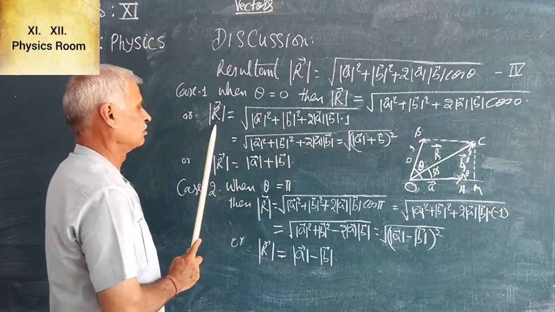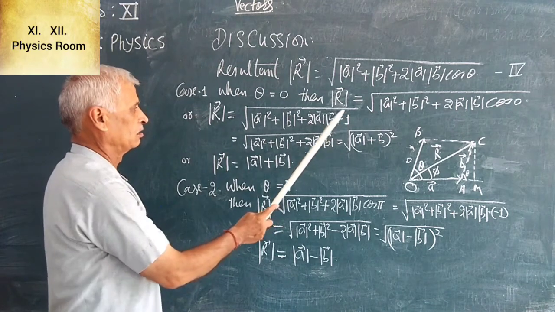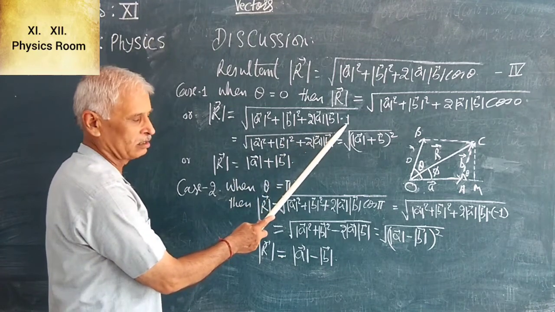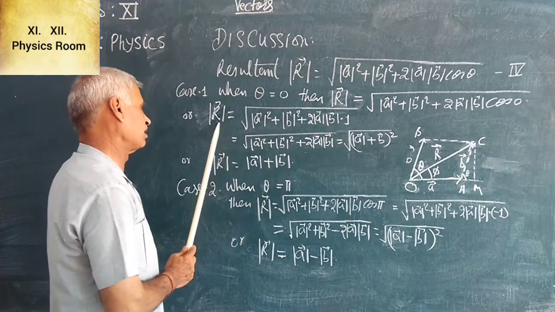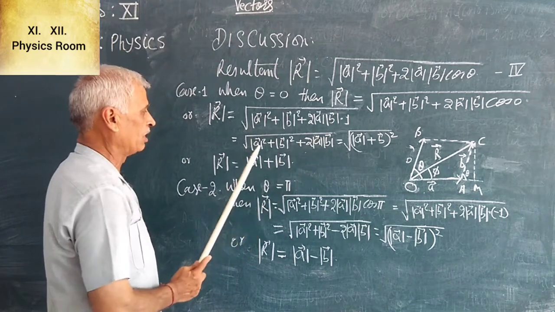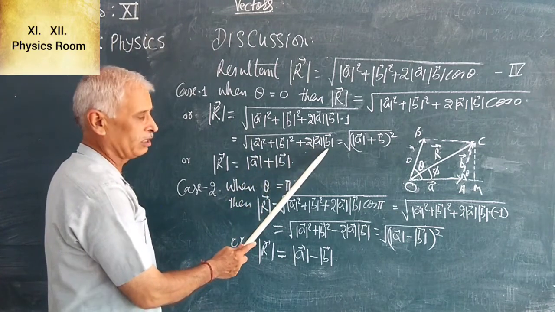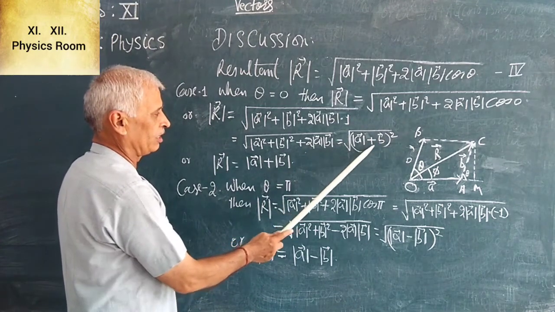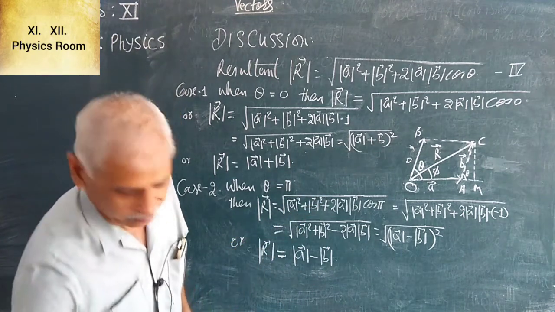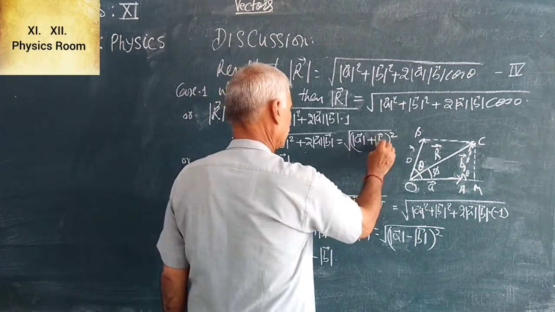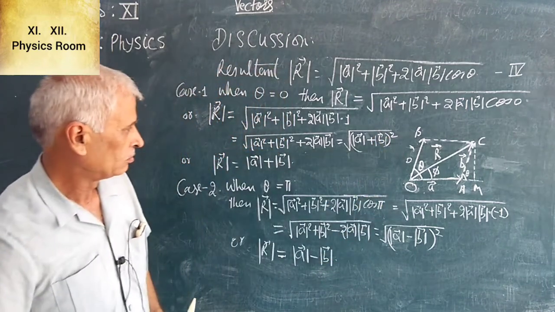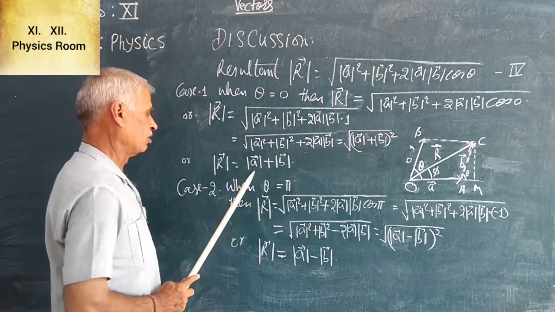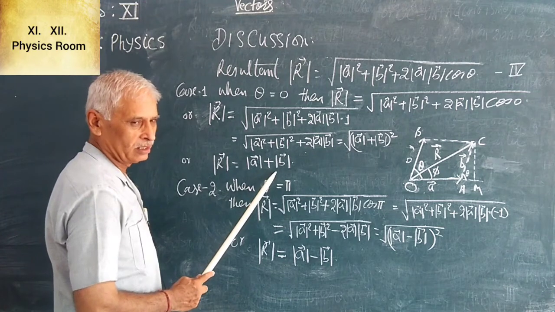So we have resultant R is equal to under root of A square plus B square plus 2AB, and this can be expressed as under root of A plus B whole square, which is equal to A plus B.